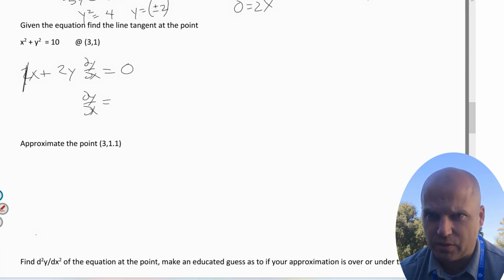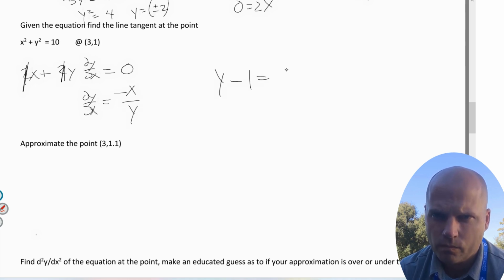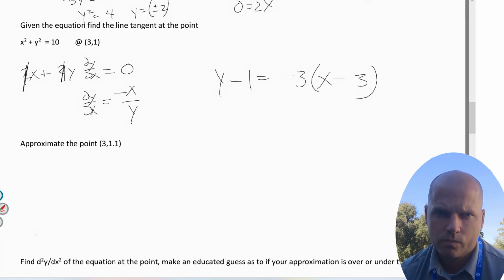Divide everything by 2. Subtract x, divide by y. I think they wanted this to be a k.